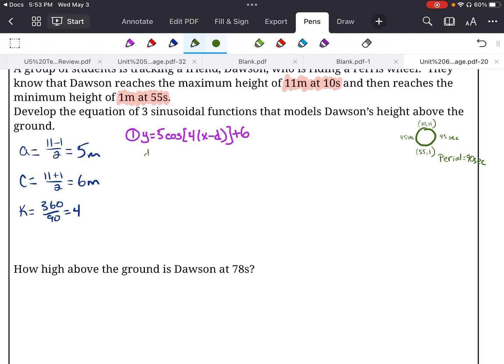So d equals 10 because it's the first time it reaches the max. We plug that into the equation, and the only thing that's changing here is the d value.